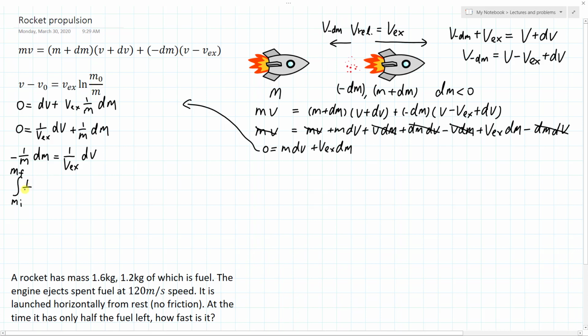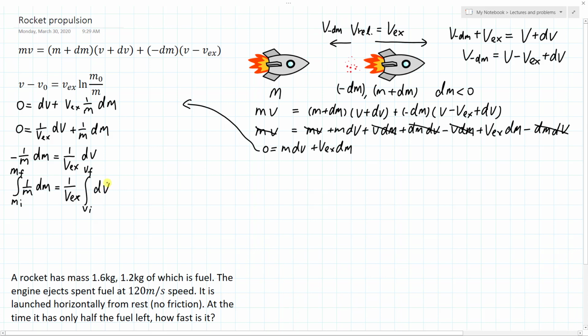So I have 1 over m dm, and that corresponds to these limits for the v. So when m is at its initial mass, the velocity is also at its initial value. When m is at its final mass, the velocity is at its final value, and this is dv.